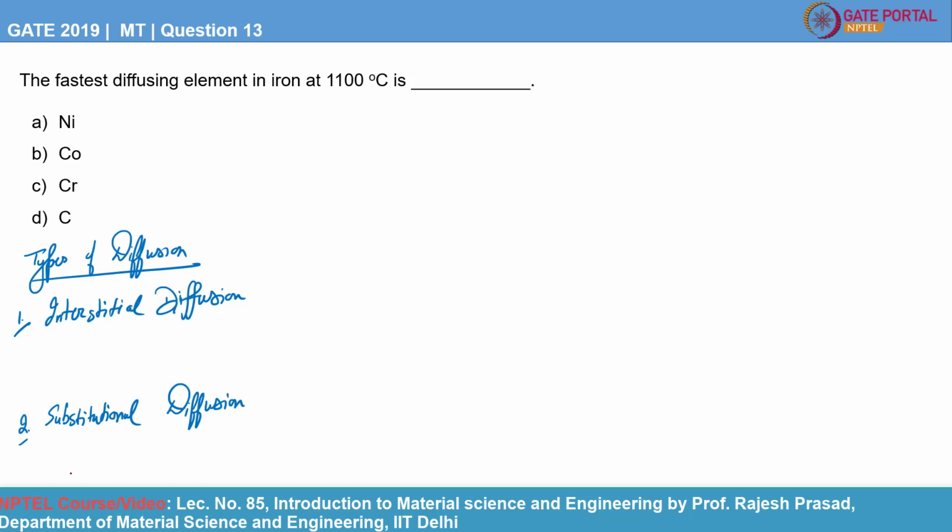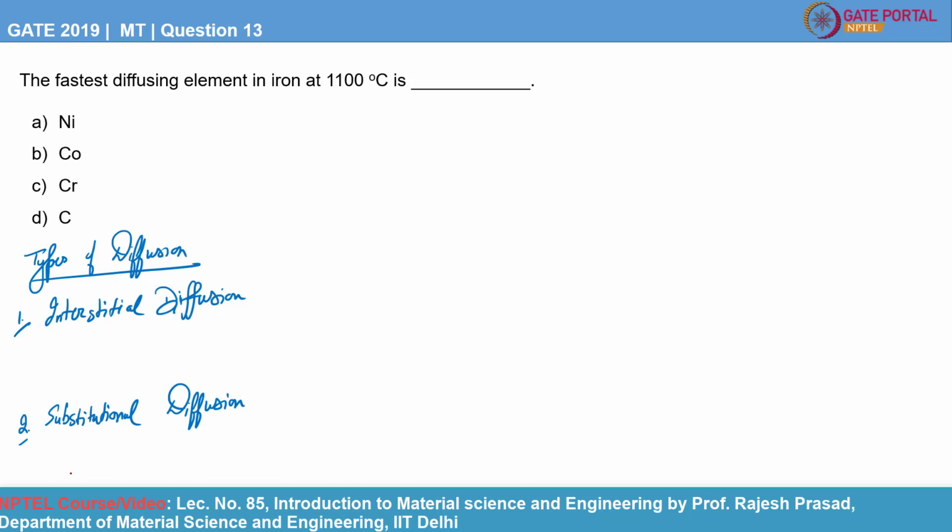In substitutional diffusion, there are vacant sites present in the crystal, and these vacant sites aid the substitutional diffusion. So in substitutional diffusion, the atom tends to jump into a neighboring vacant site.